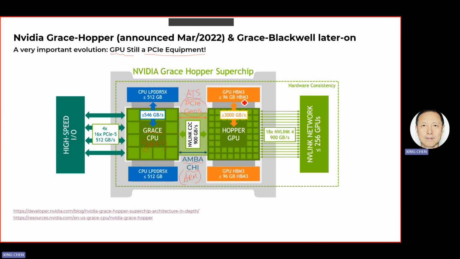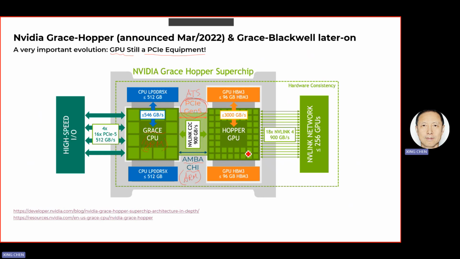But in the end, my conclusion is that the GPU is still a PCIe equipment connected to the ARM CPU. That means the GPU is talking with this CPU by the PCIe protocol. But this PCIe protocol has been improved and has evolved. That means at the same time, the CPU can access the memory of the GPU and the GPU can access the memory of the CPU.